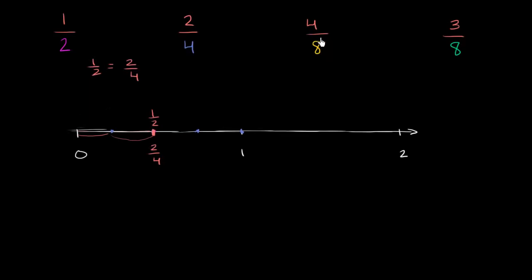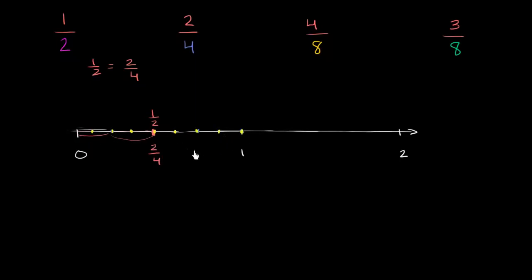Now what about 4/8? Well, let's split the part of our number line between 0 and 1 into 8 equal sections. So if we take each of those 4 equal sections and split them into 2, now we have 1, 2, 3, 4, 5, 6, 7, 8. I can't draw it perfectly, but I'm trying to make them equal sections.